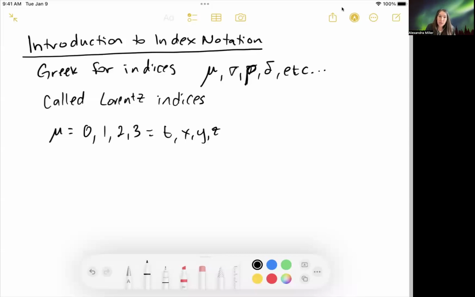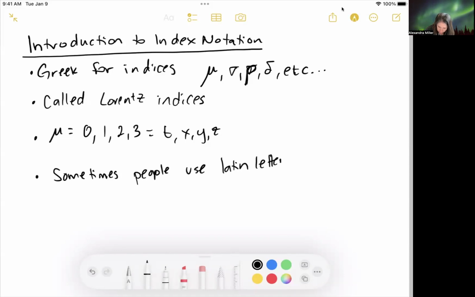Oftentimes, people will use Latin letters if they just want to focus on the spatial indices, just the spatial part.